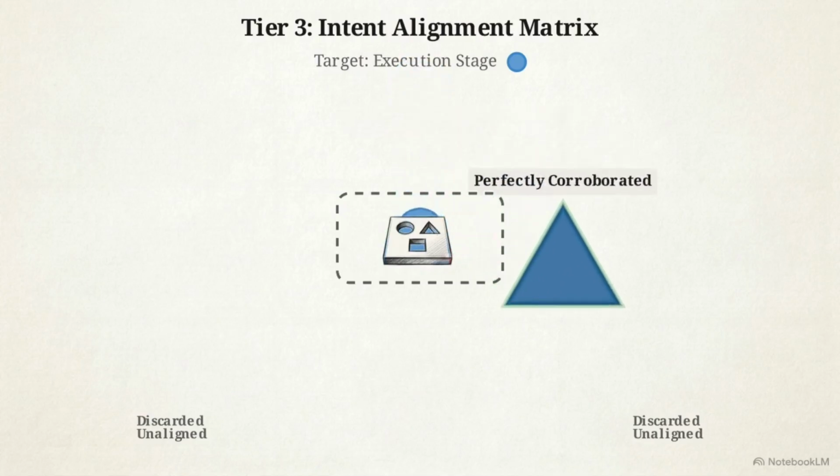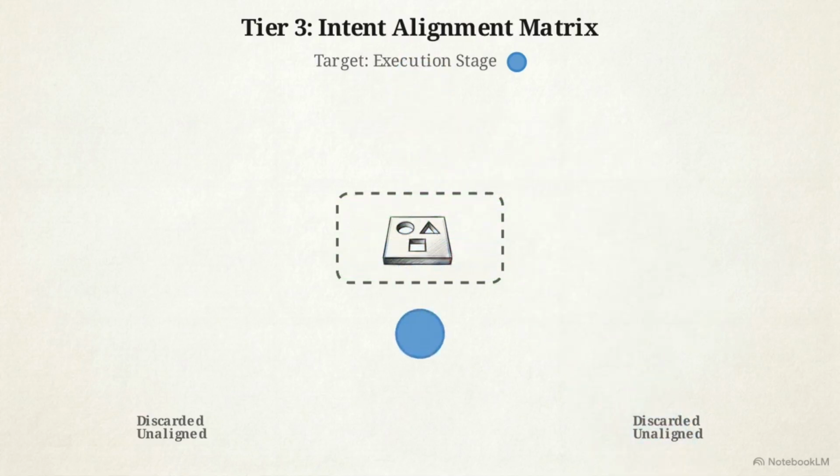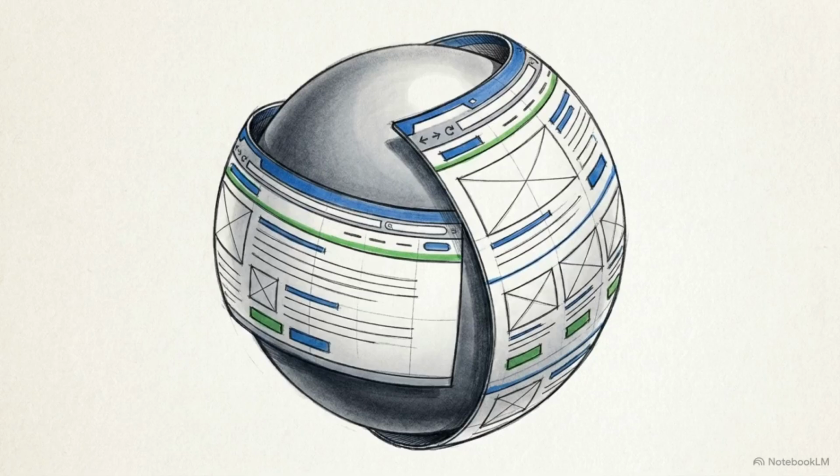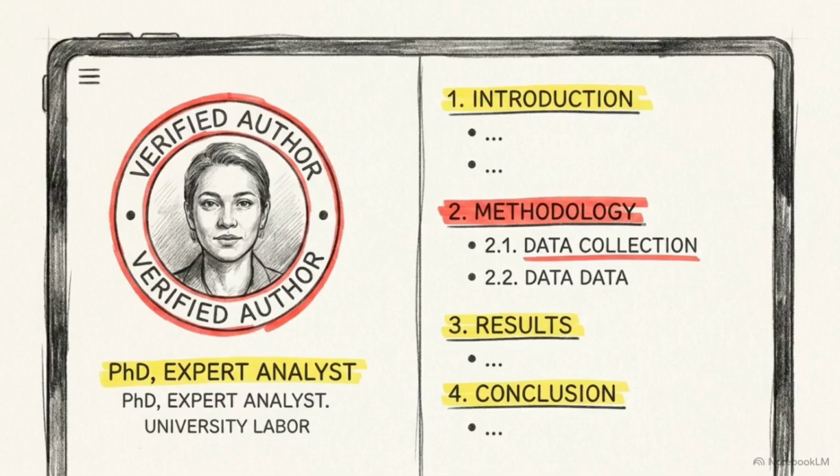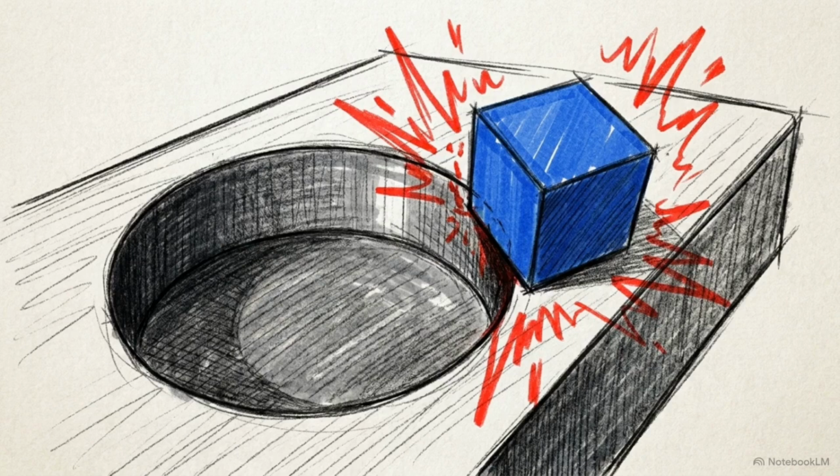Unaligned data is discarded, even if perfectly corroborated. Publishers must architect their pages to explicitly match these specific query goals, ensuring the structure of the article mirrors the exact problem the user is trying to solve. Context is now as critical as authority. Providing the right answer at the wrong phase of user intent will result in that content being filtered out.